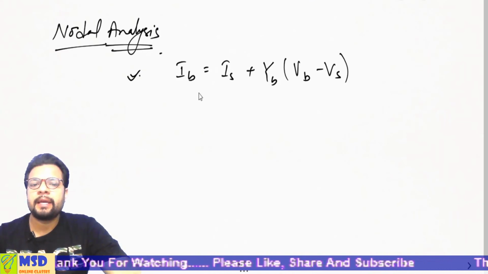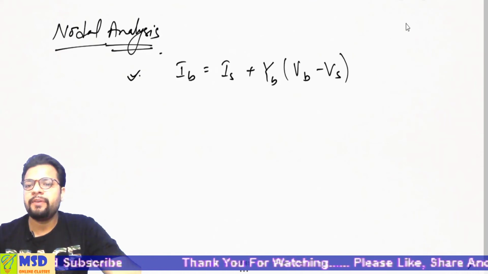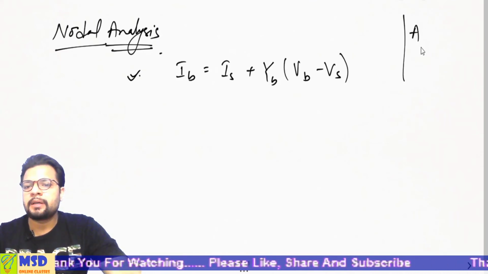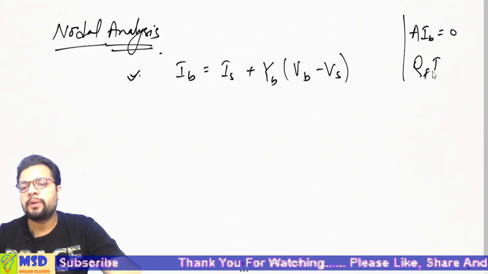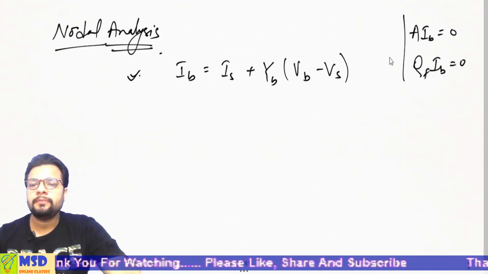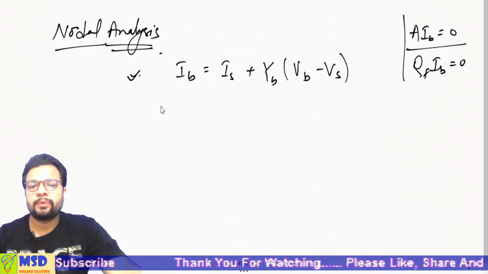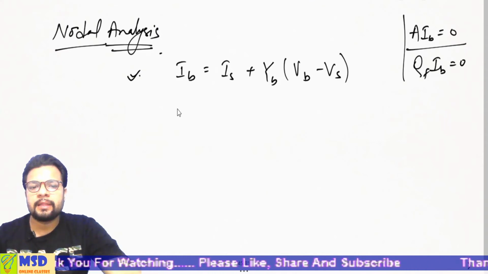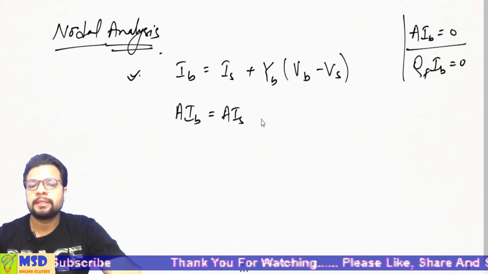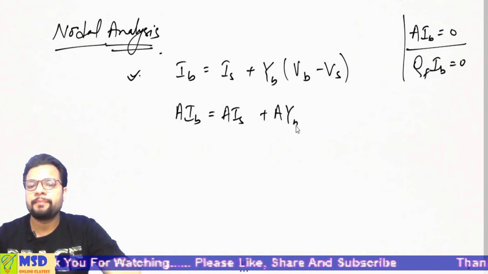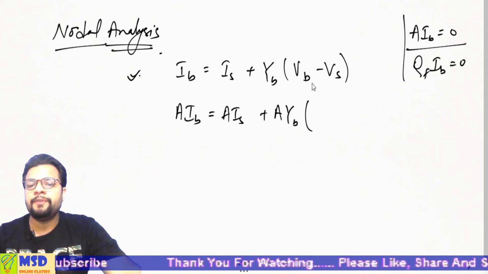I can multiply this equation with the A matrix, and we also know that KCL in graph theory is A into IB equals 0 and QF into IB equals 0. Now if I multiply this entire equation with A, then it is A into IB equals A into IS plus AYB. And do we have any relationship between VB and VN?